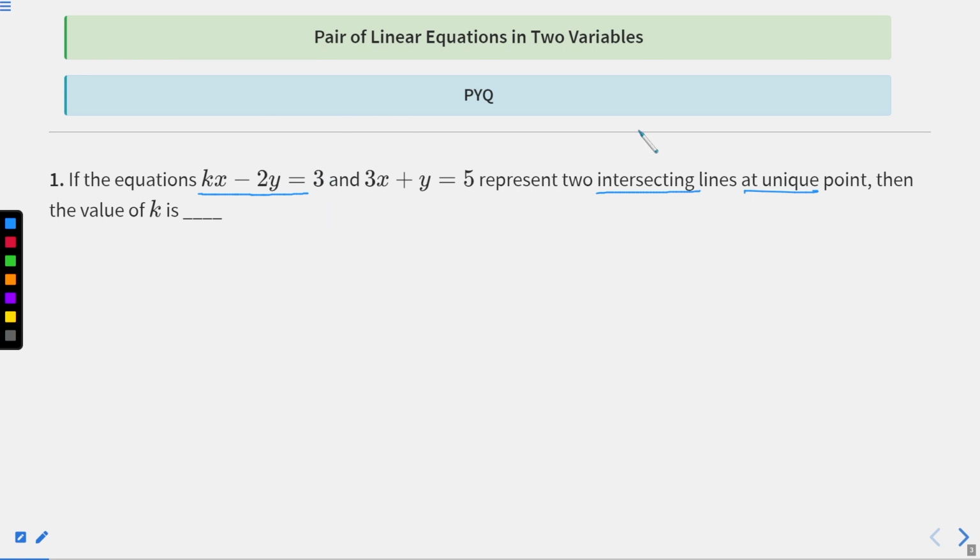If you remember, for a pair of linear equations, the lines intersect at exactly one point when a1 by a2 does not equal b1 by b2. So if we use this condition, we can find the value of k.